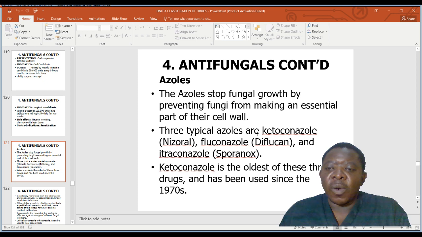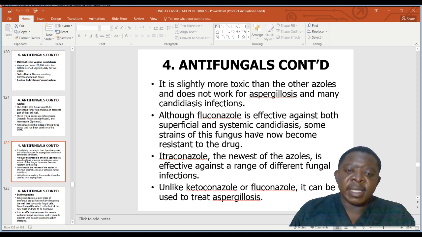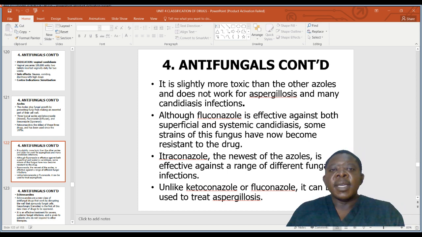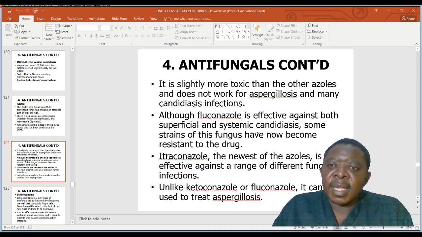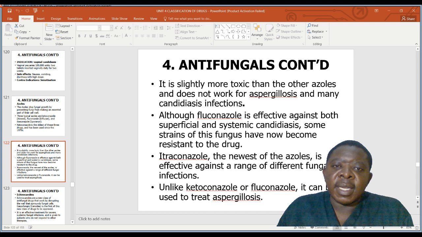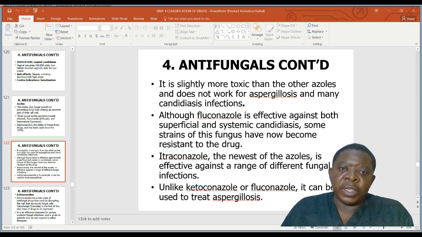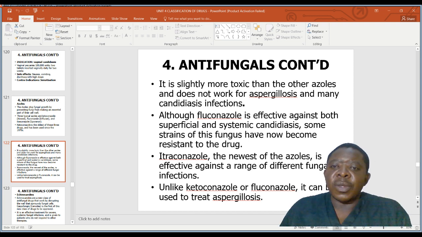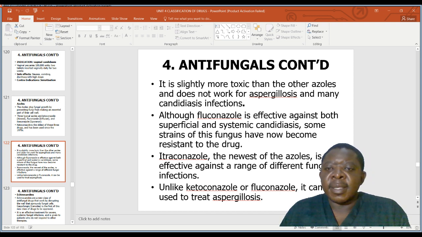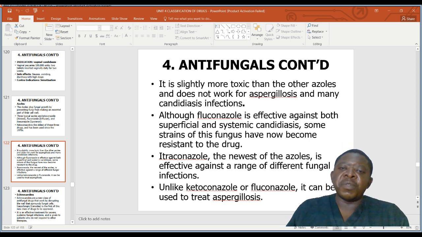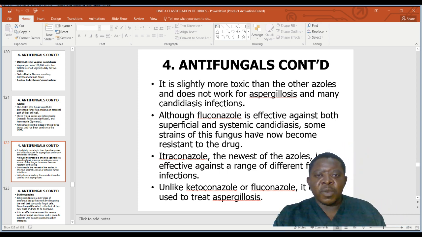Ketoconazole is the oldest of these three drugs and has been used since the 1970s. It is slightly more toxic than the other azoles and does not work for aspergillosis and many candidiasis infections. Although fluconazole is effective against both superficial and systemic candidiasis, some strains of this fungus have now become resistant to the drug.